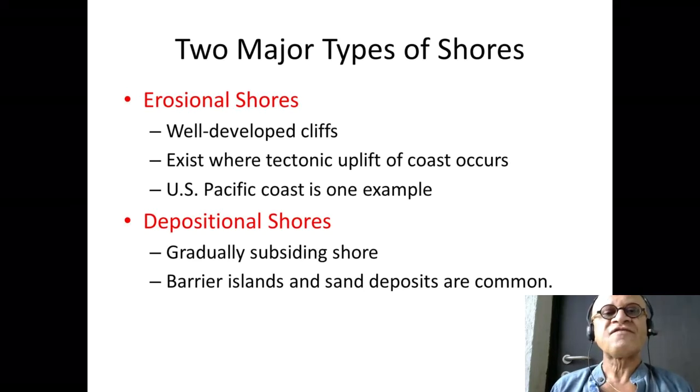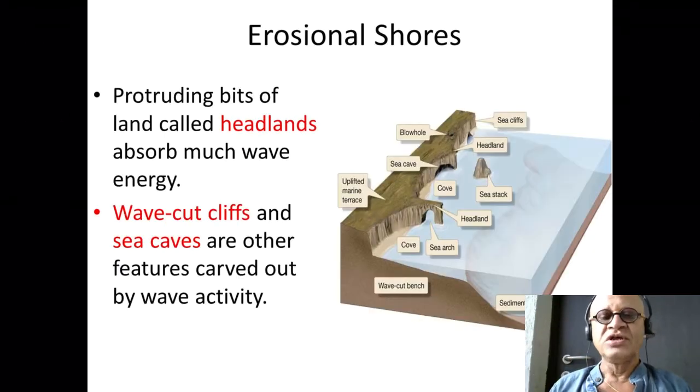So there are a lot of features that we will see with images so that the concepts remain solid in your head, and as soon as you see an image of a coastline, you can probably guess whether that's an erosional feature or a depositional feature.